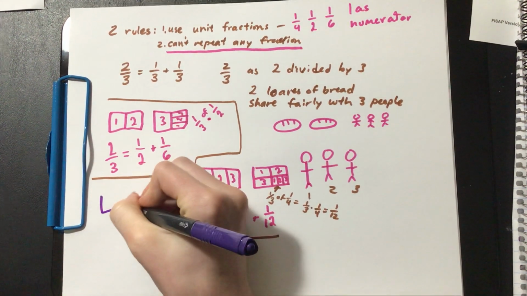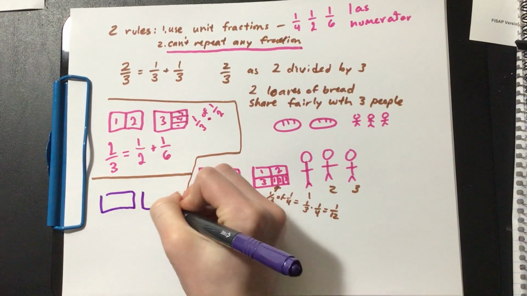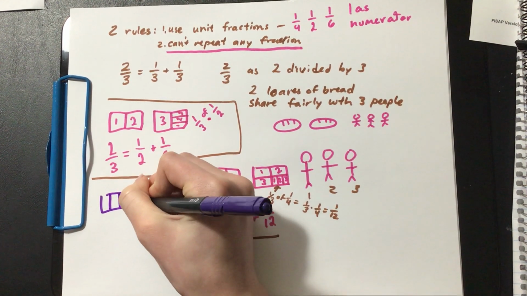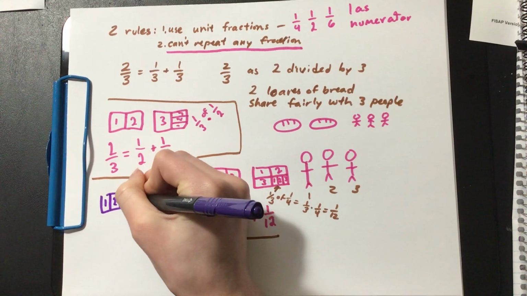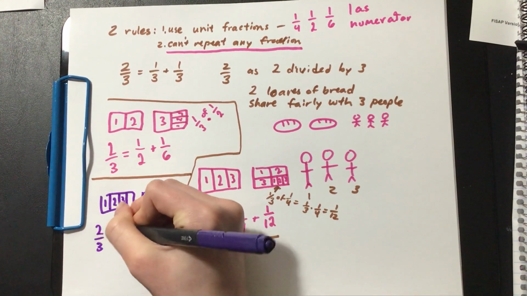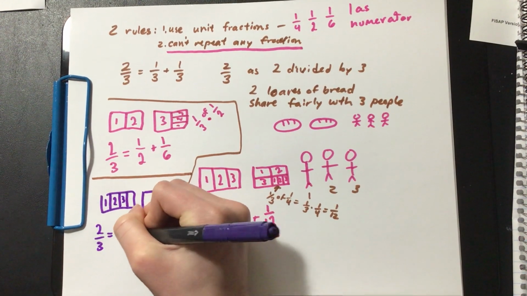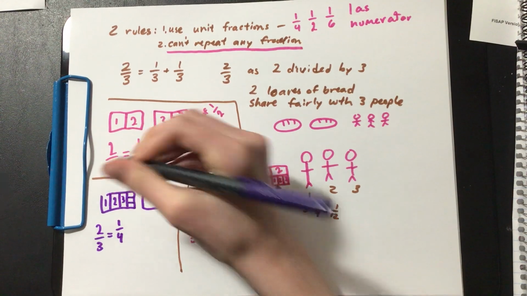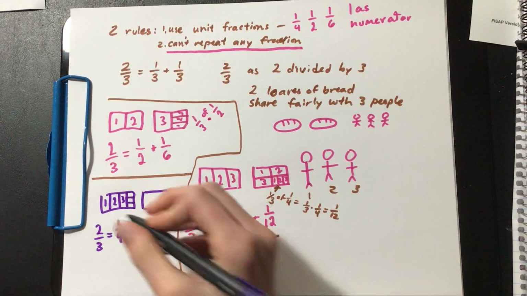So, anyway, we have our 2 loaves of bread. And now let's split it up into fourths. Okay. So we have 2/3 equals 1/4. And we can split this one up into 3 equal pieces. Okay. 1/3 of 1/4 is 1/12.